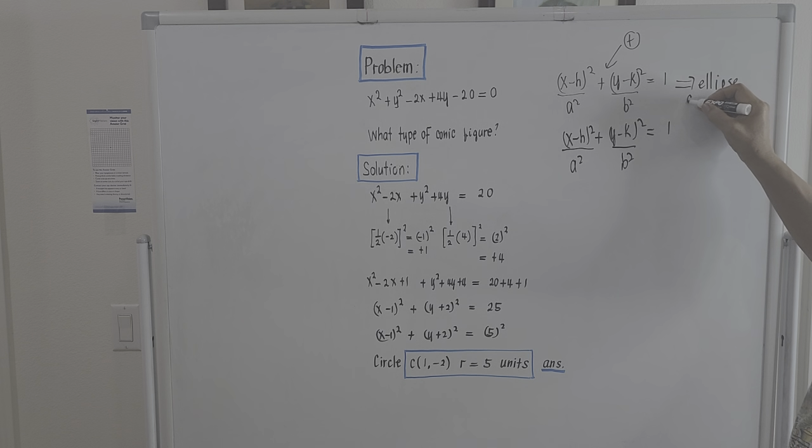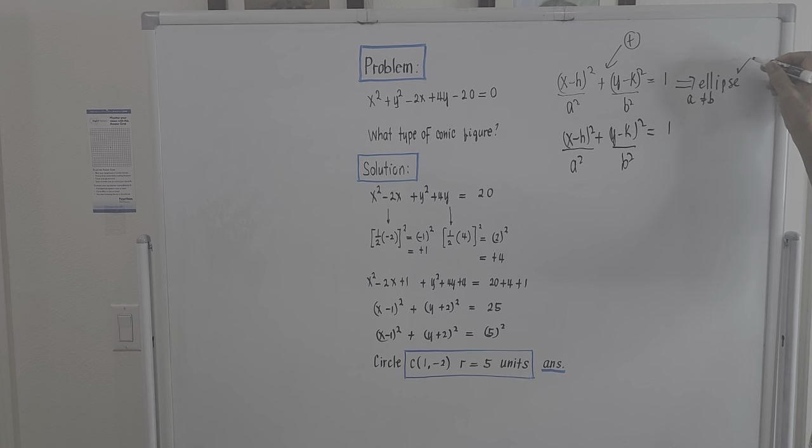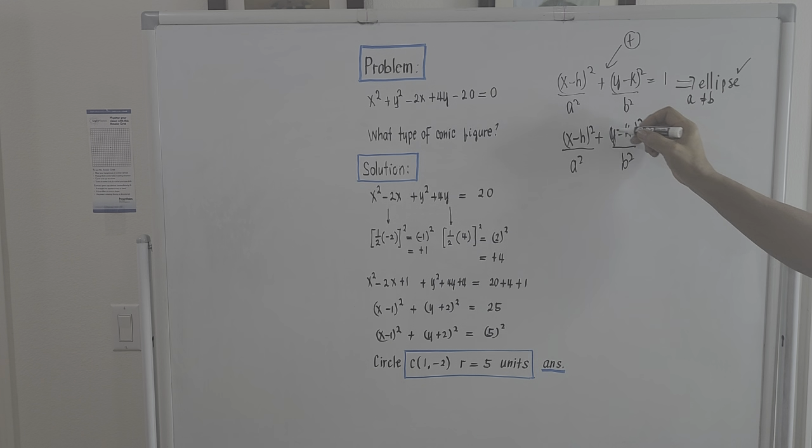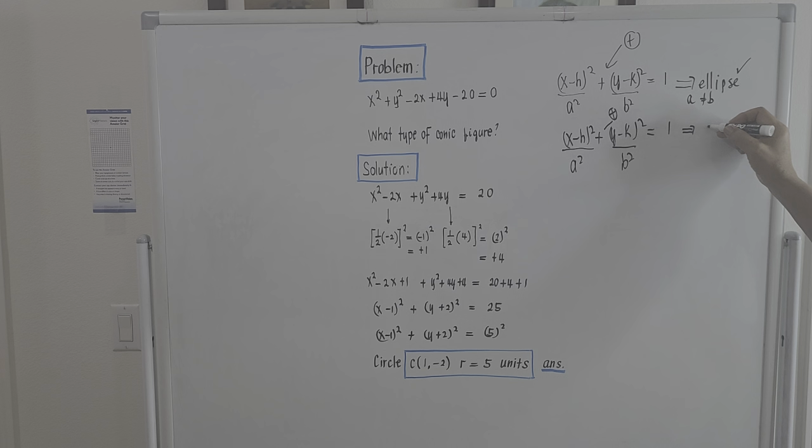In here, the value of a is not equal to b. It should be an ellipse. But under the second condition, this is still a plus, right? This will become a circle if the value of a is equal to b, and this should be equal to the radius.